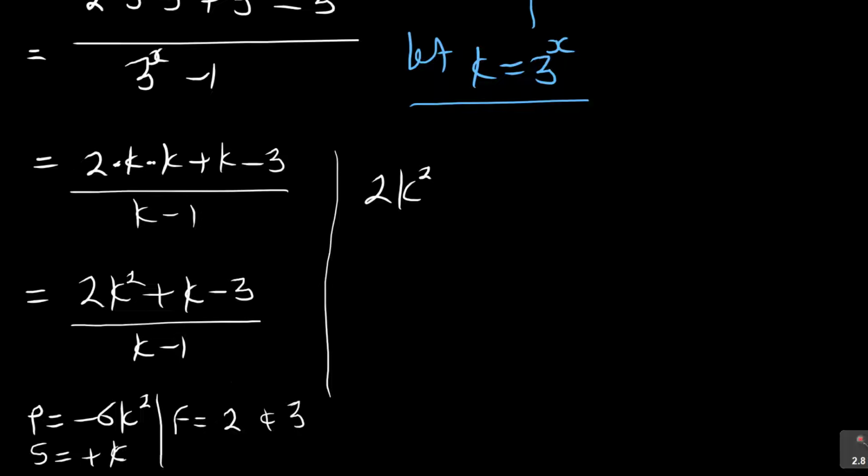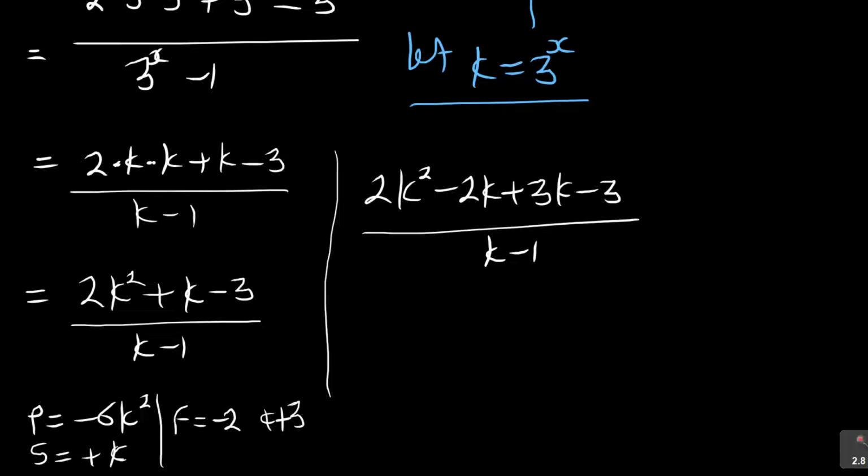But in this case, I'm looking for a positive, so here it's negative and here it's positive. So I can write this as 2k squared minus 2k plus 3k, minus 3 over k minus 1.